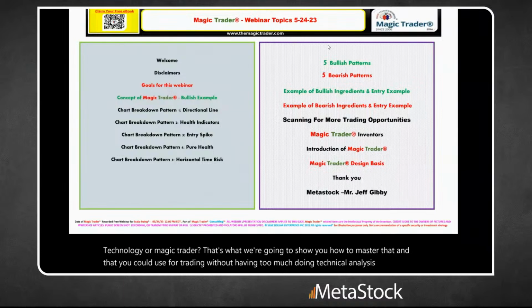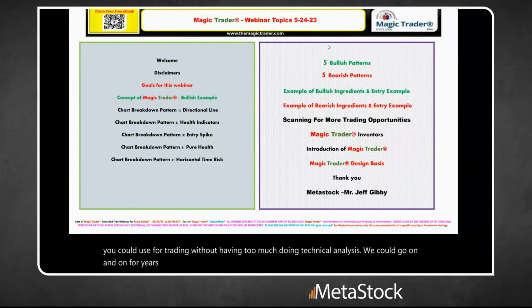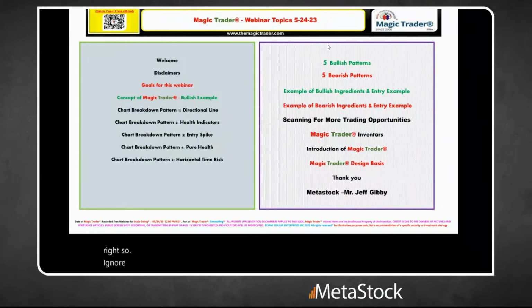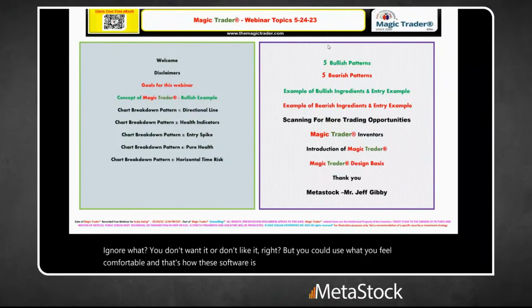We could go on and on for years about those, but what makes you money is the simplicity. However, this software has a lot of things embedded in there, because we have to serve any kind of trader, right? So ignore what you don't want or don't like, right? But you could use what you feel comfortable with, and that's how this software is designed for every level of trader capacity.